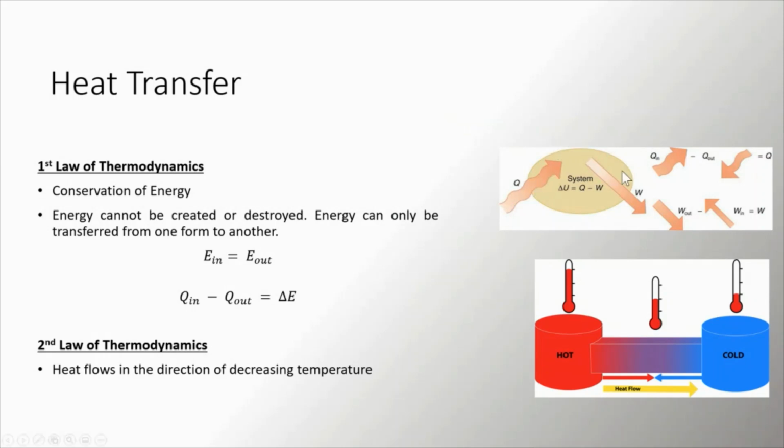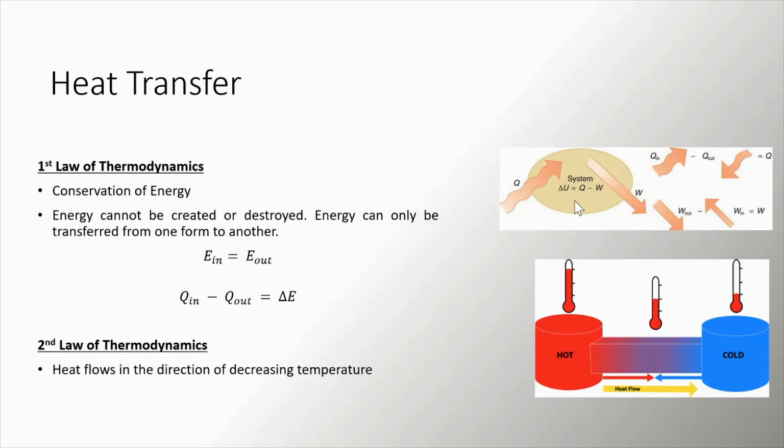Let's say you have a gaseous system and you put it under heat. However much heat it's getting in is going to be equal to the work done by itself plus the total amount of internal energy increase.